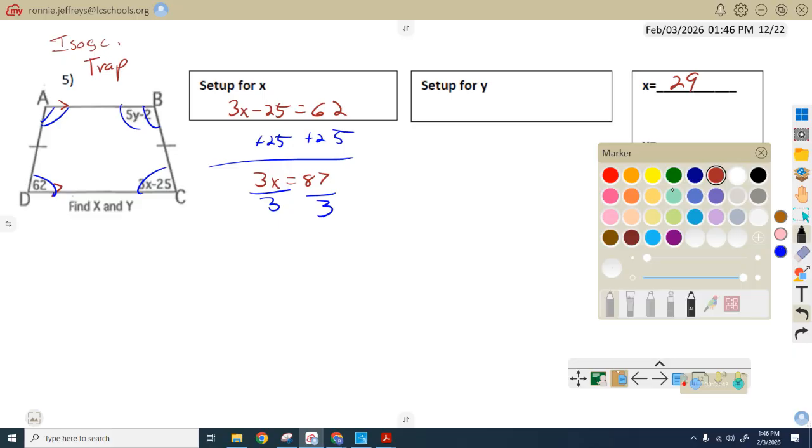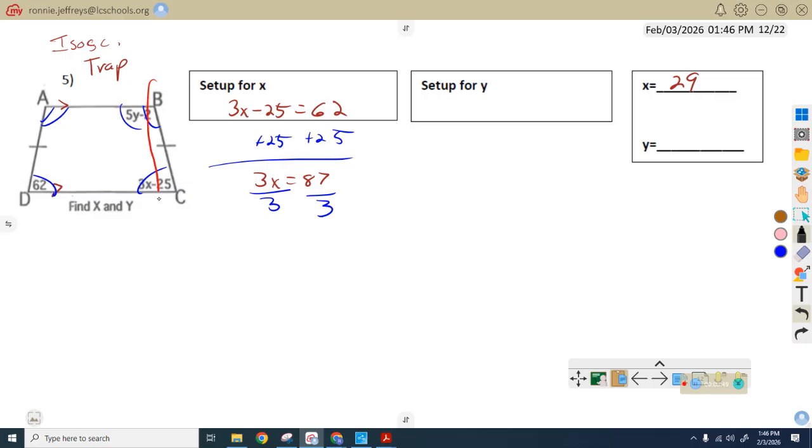All right, now how do we set up for Y? Very carefully. B and C are supplementary. Okay, and C is 62 degrees. That would be 118. And this would be 180. Yep, you could do it that way. Or you do that equals 118. Why not just do this? Why not do 5?